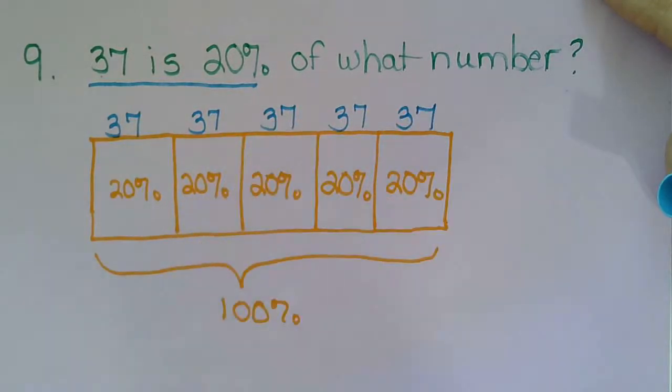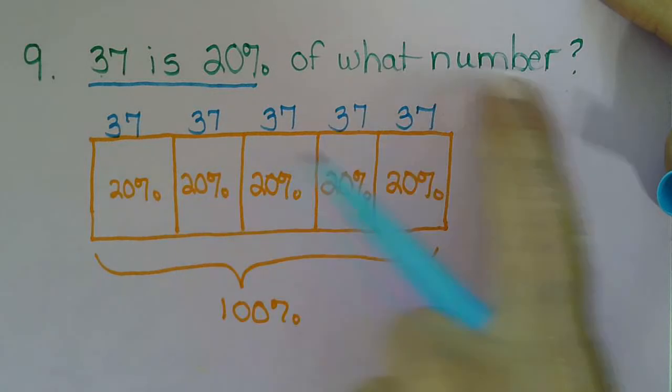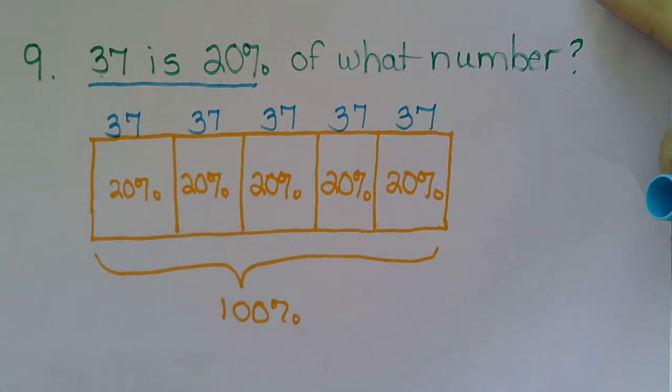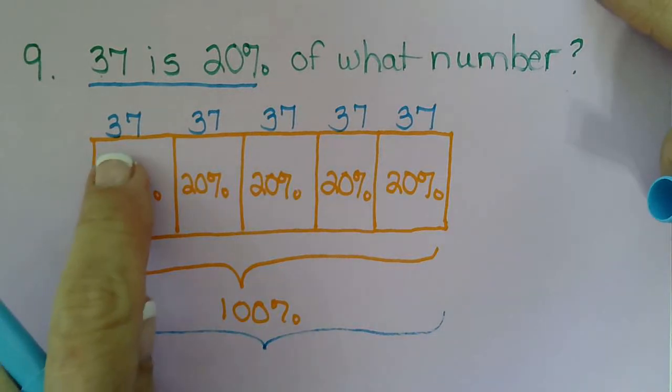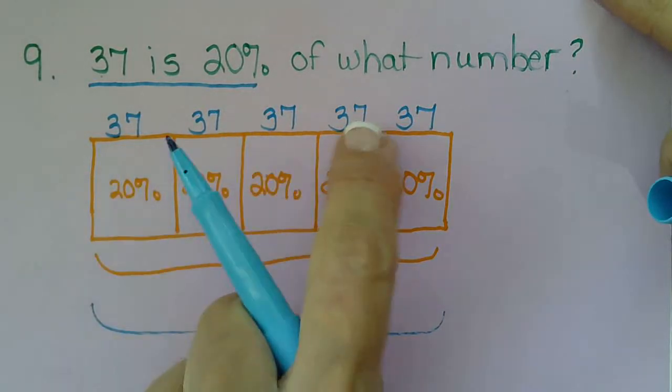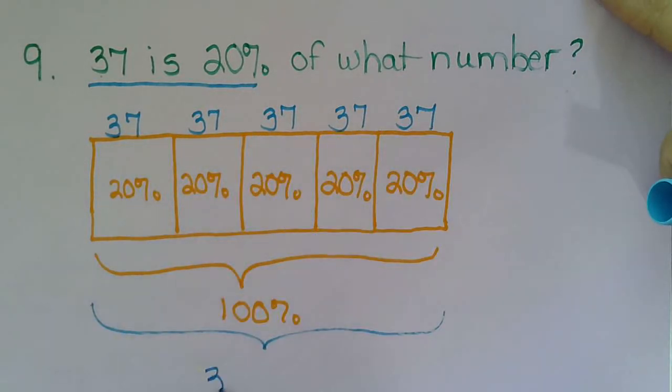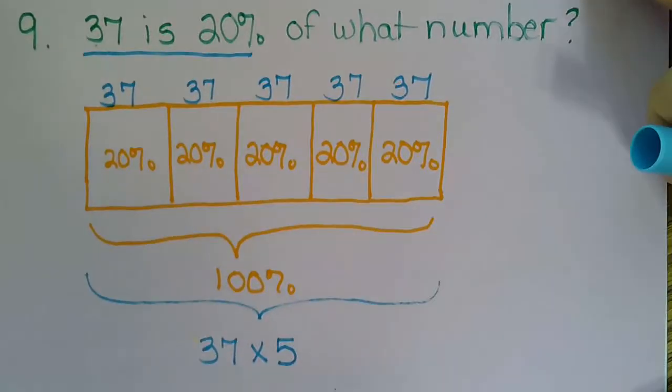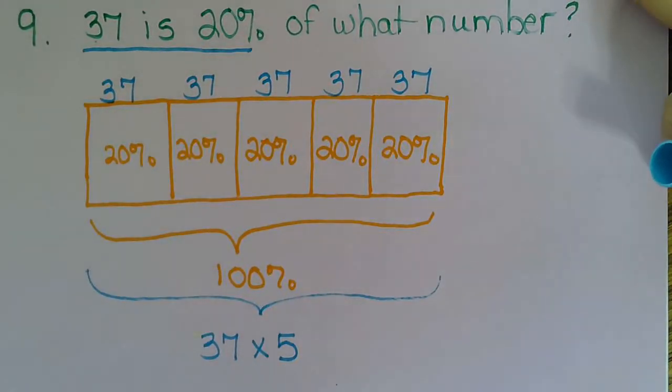So to find out what number is represented by the picture, we'll do this in blue. It would be 37 times 1, 2, 3, 4, 5. Or you could do 37 plus 37 plus 37, whatever works.